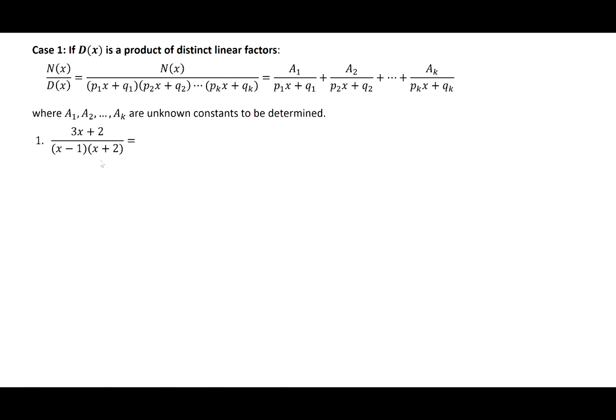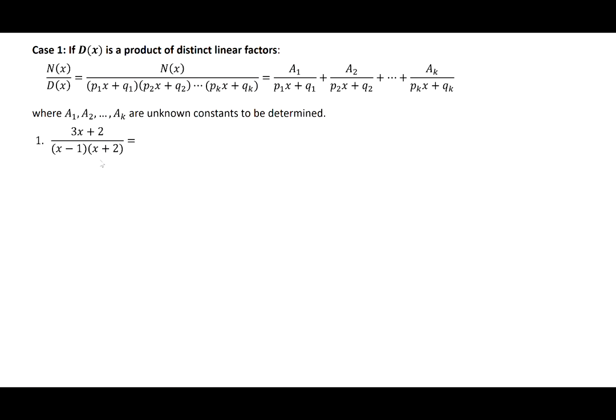Well, if you FOIL that out, would you get x squared plus x minus 2? Is x squared plus x minus 2 a polynomial? Yeah. What degree? Second degree. Do we have a proper fraction? Yes, we do.